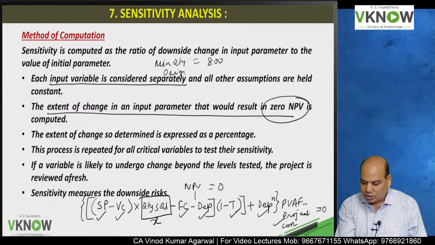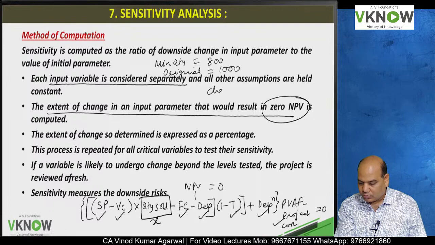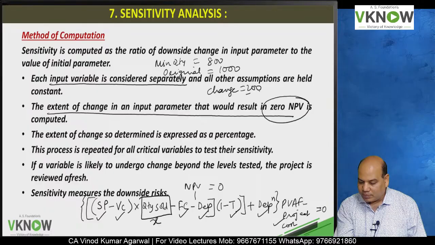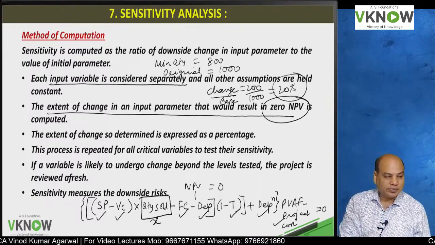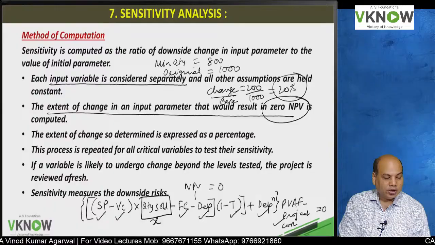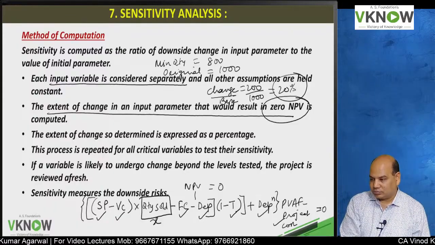My original estimate is 1000. So change is 200. Change divided by base, 200 divided by 1000, 20%. So 20% is my sensitivity.